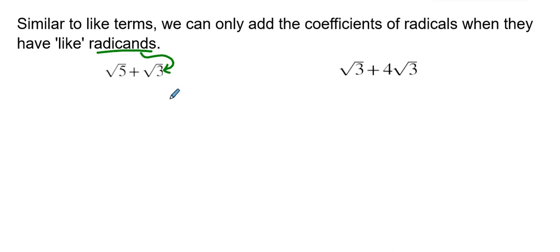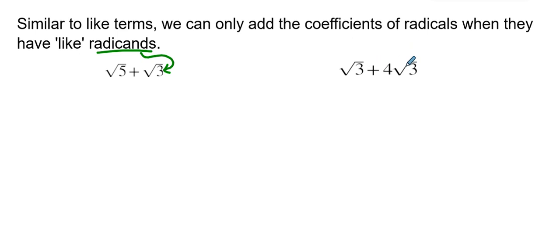I can't add them. Nothing I can do with this one. It will just stay as square root of 5 plus the square root of 3. There would be a decimal equivalent, but this would be an exact answer, whereas the decimal equivalent would be a rounded value. Over here, however, I see I have a root 3 plus 4 root 3.